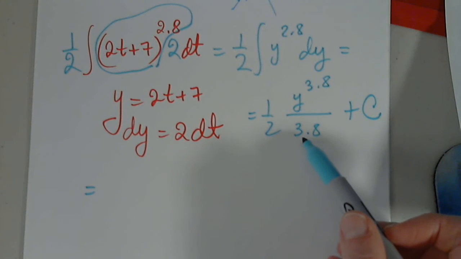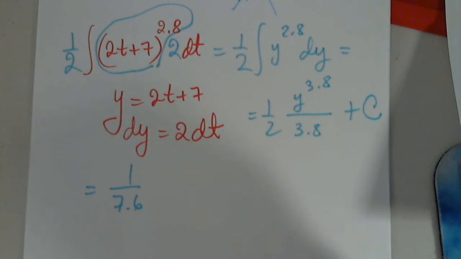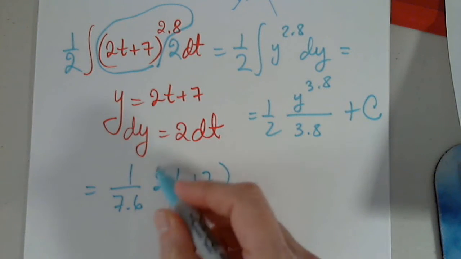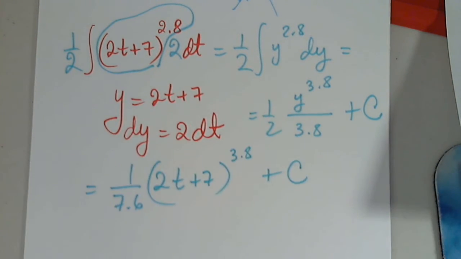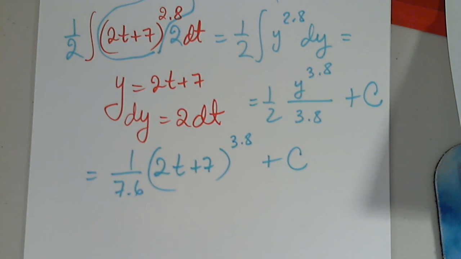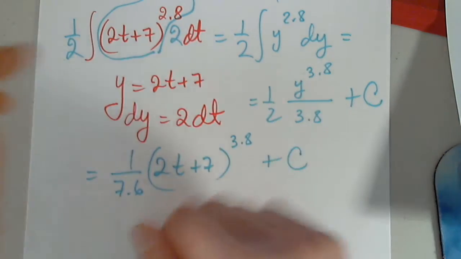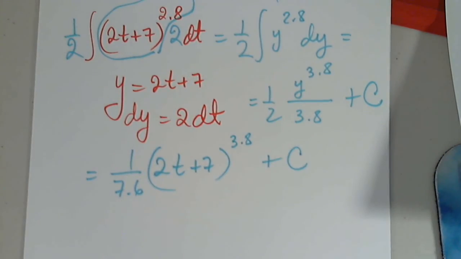So what is this? 7.6. And y gets changed back to 2t plus 7 raised to 3.8 plus a constant c. In an indefinite integral, you can always differentiate this, and you will definitely get the original function, guaranteed.